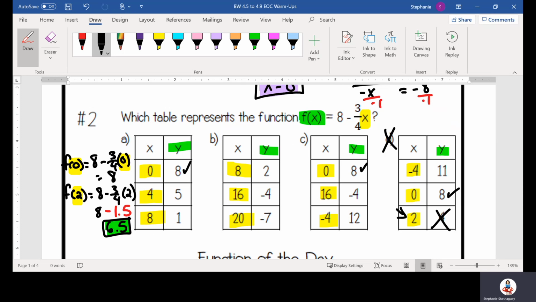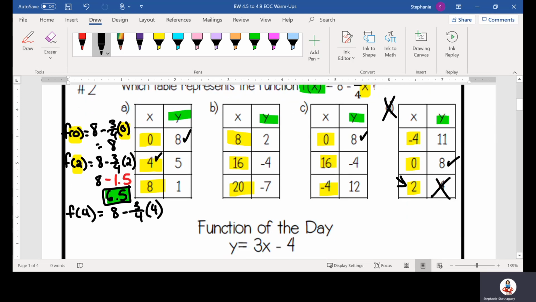Okay, now I'm going to look for my next highest x number, which is going to be 4. So let's find f of 4. So I'm going to have f of 4 is equal to 8 minus 3/4 multiplied by 4. 3/4 multiplied by 4 is going to be 3.